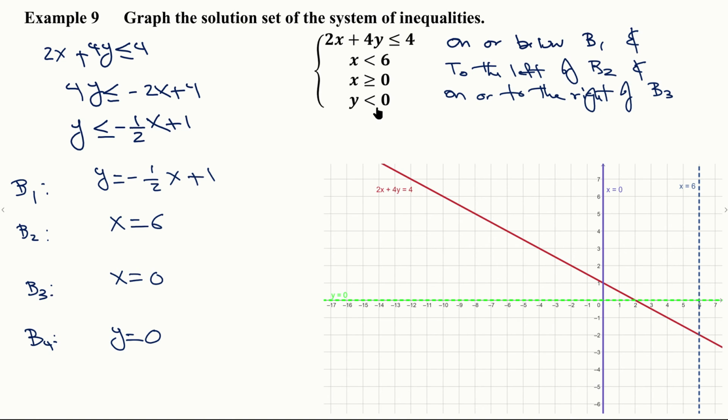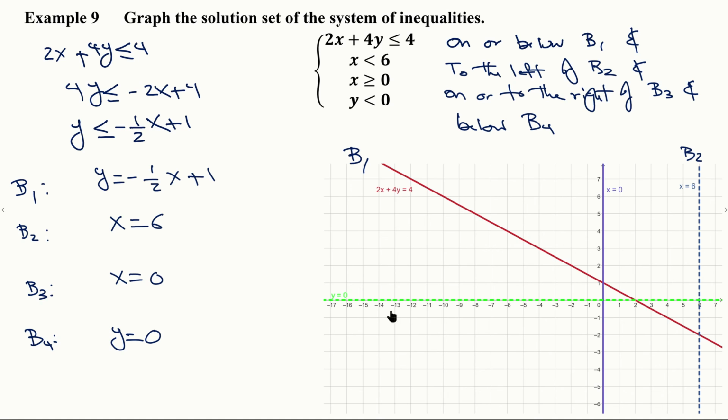And for the last one, which is y equals 0, the x-axis itself, which we call B4, we're going to want to be below B4. So remember, we need to satisfy all of these conditions. So on or below B1. So let's go ahead and label these. The red one is B1, right? B2 is the line x equals 6.